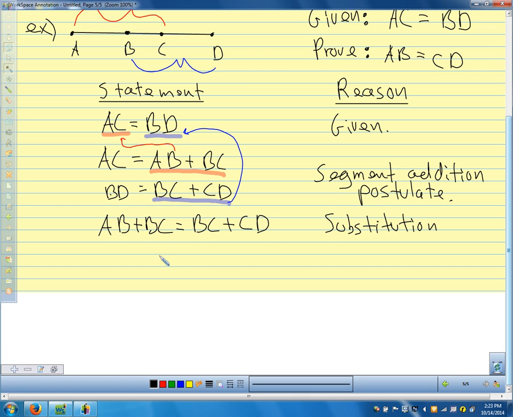So I'm going to subtract BC from both sides of the equation, whatever it is, 12, 7, whatever that happens to be. Subtraction is what tells me I can do that. And I got to where I was trying to go, at AB equals CD.